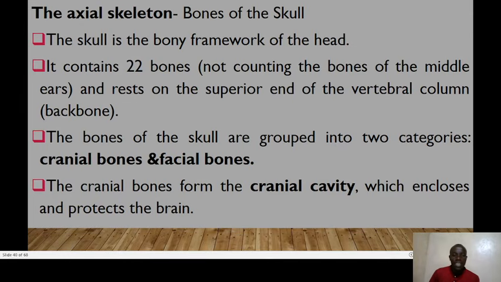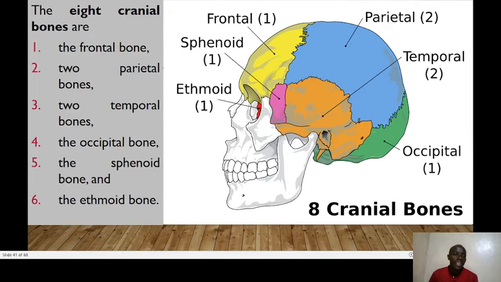The bones of the skull are grouped into two categories. We have the cranial bones and the facial bones. The cranial bones form the cranial cavity, which encloses and protects the brain. We have the 8 cranial bones: the frontal bone, the 2 parietal bones, the 2 temporal bones, occipital bone, the sphenoid bone, and the ethmoid bone.